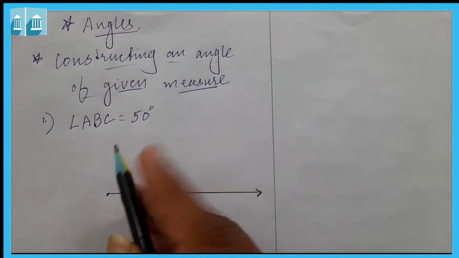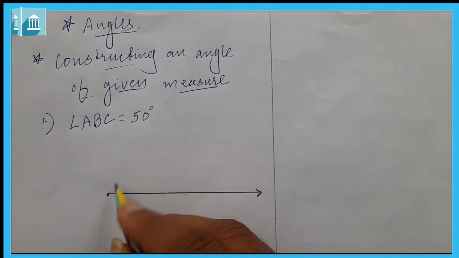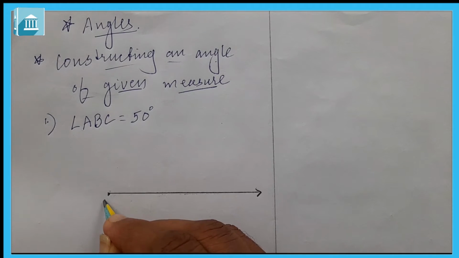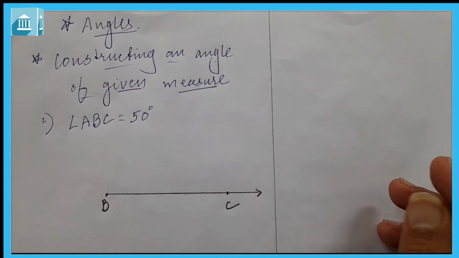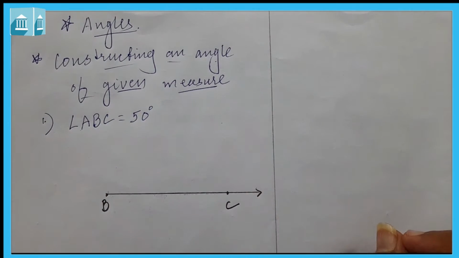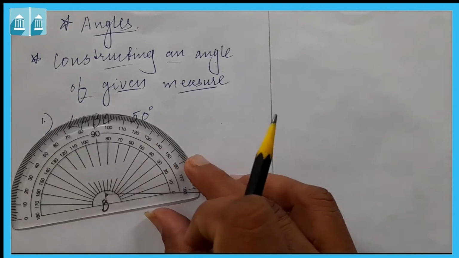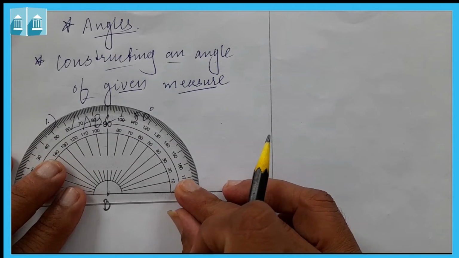Here ABC, it means that the vertices of this angle will be B, here it will be C. Now we have to draw angle ABC is equal to 50 degree. So we will take it here.